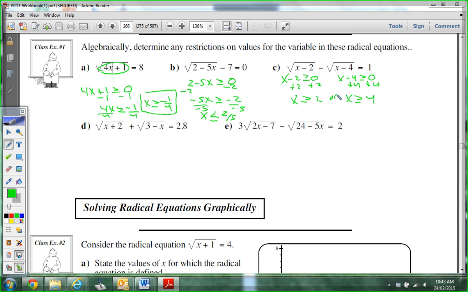But if I pick 3, because 3 is bigger than 2, 3 minus 2, we're good. 3 minus 4, we're bad. So we can't use 3. So actually the one we want is x greater than or equal to 4 because this one works for both. Maybe that's a better way to say it. X greater than or equal to 4 works for both. It may not cover both, I guess you could say, but that's the one we want.